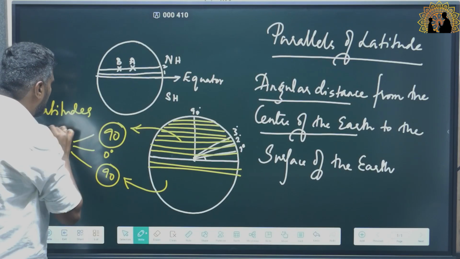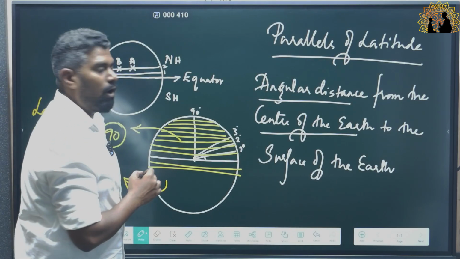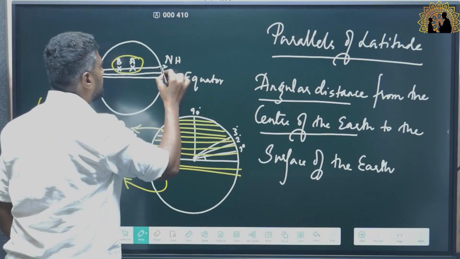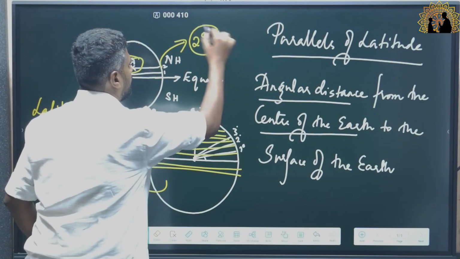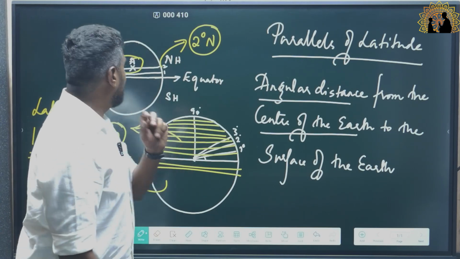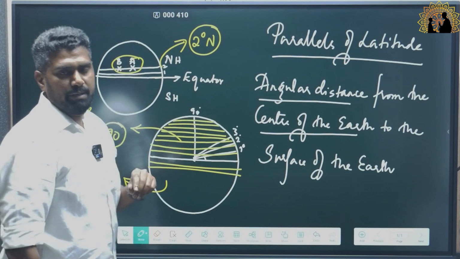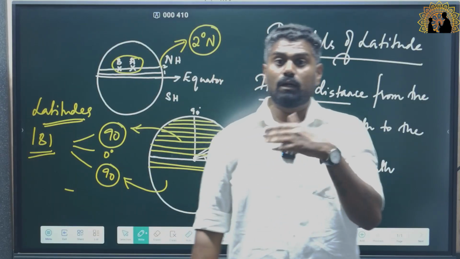Now person A or B, since both are in the northern hemisphere, are at 2 degree north latitude. But I want to differentiate the location between A and B. So what do I have to do now?